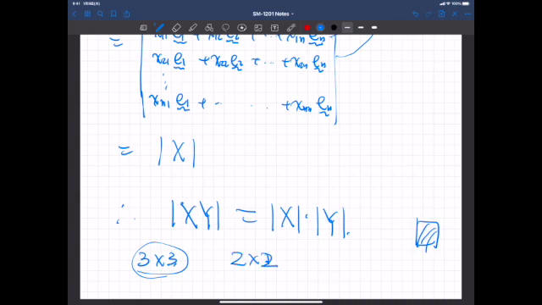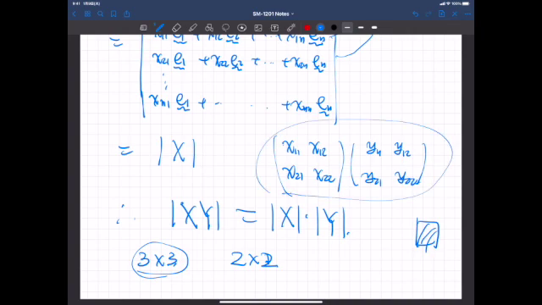So just consider, for example, 2 by 2 matrices like x11, x12, x21, x22, and also y11, y12, y21, y22, and try to calculate the product and then calculate the determinant.